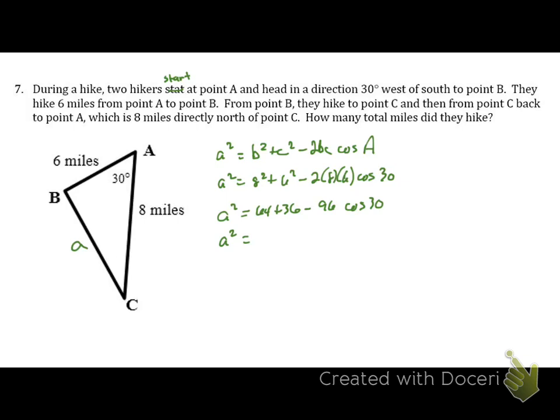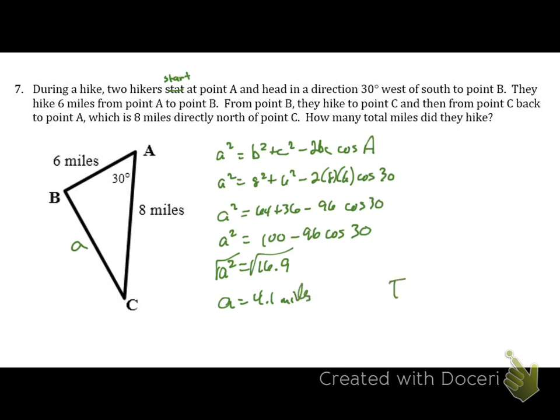All right, 64 plus 36 is 100. Now we just type in 100 minus 96 times cosine of 30, and we get 16.9, at which point we're going to square root both sides. And so the length of A is 4.1 miles.